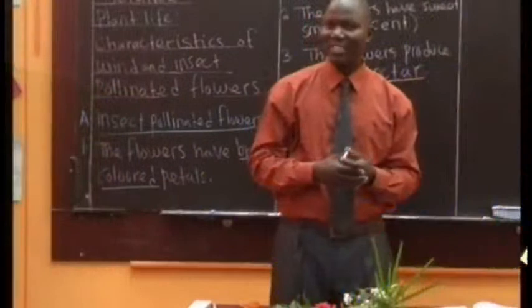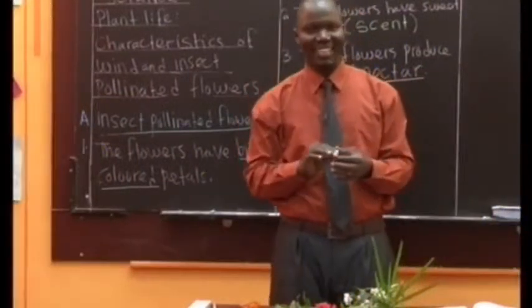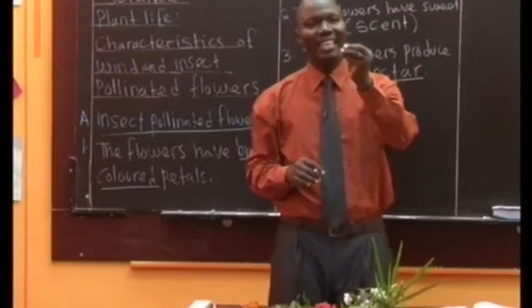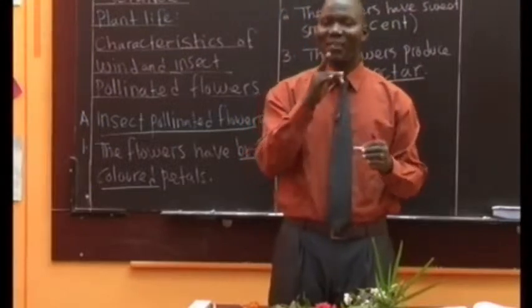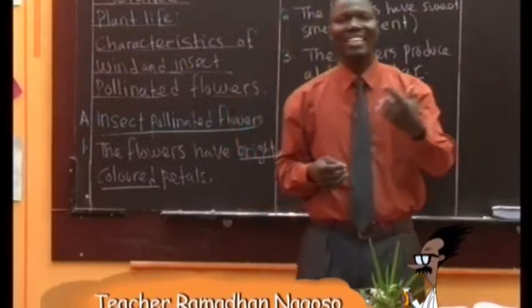Welcome back from that short break, children. We have so far looked at 3 characteristics, things that you would look at and say, wow, this flower here must be pollinated by insects.